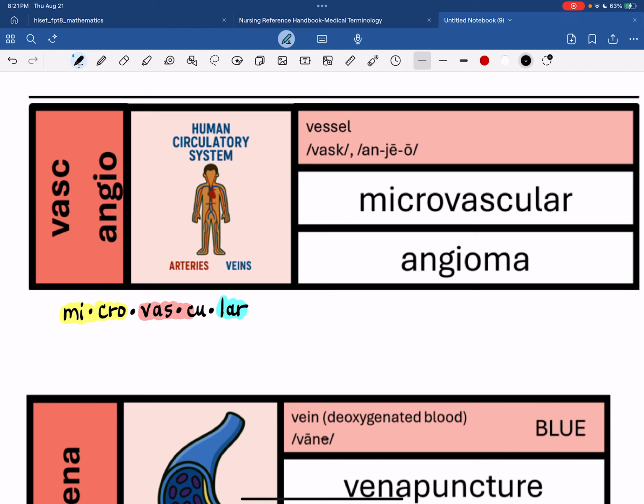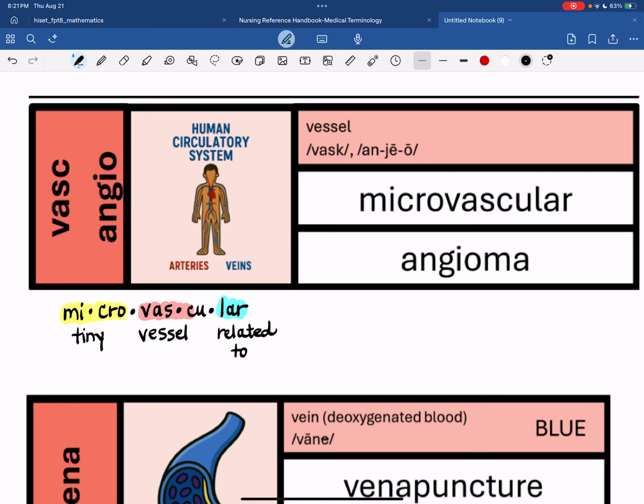And micro is the prefix. Tiny, micro. Vasc, vessel. Lur is related to. So something that is microvascular is related to tiny vessels.